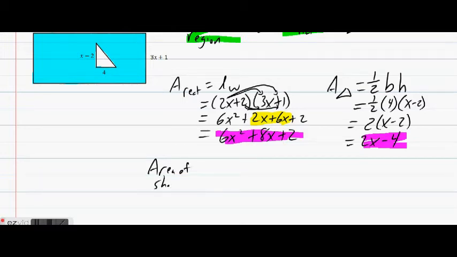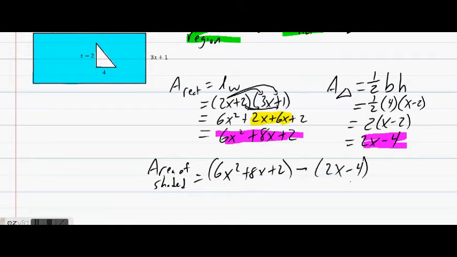So the area of shaded is equal to 6x squared plus 8x plus 2 minus 2x minus 4. And we've talked about when you have a minus, we change that subtraction to a plus, change all these signs. We talked about the mistakes that can happen.